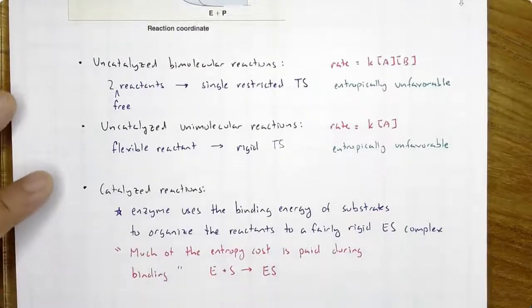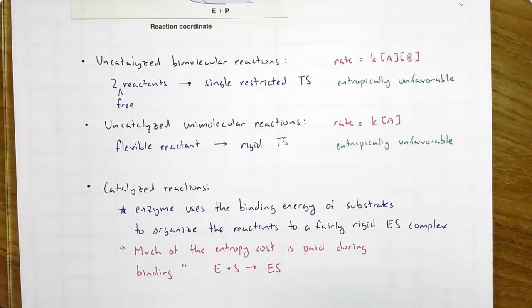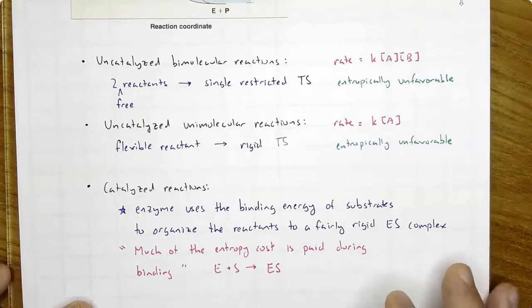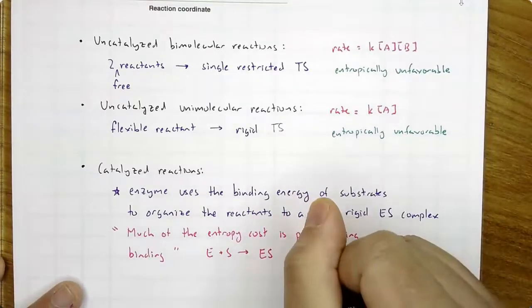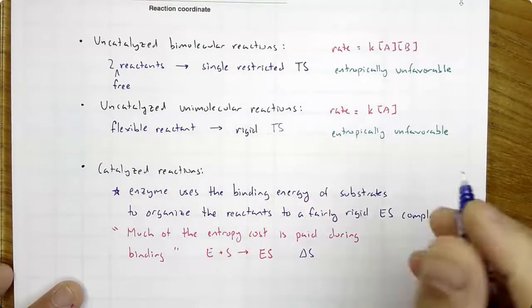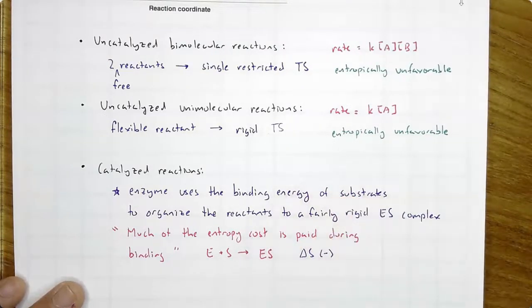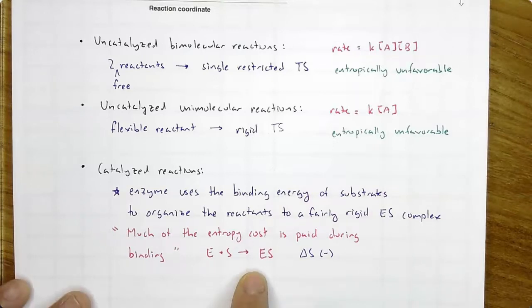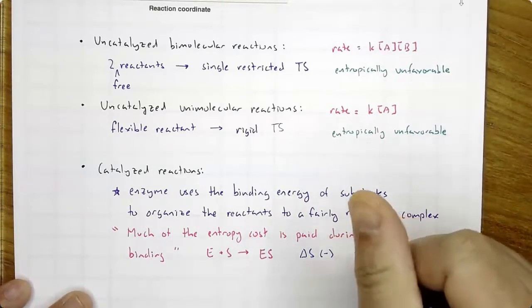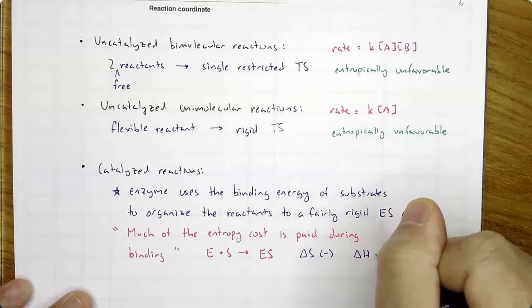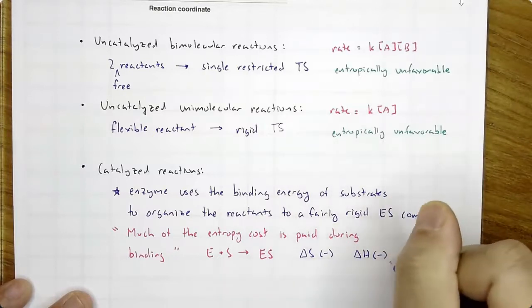Now, we could say a couple of things about the thermodynamic parameters at this point. We could say that, in this process, the delta S is unfavorable. That's negative. We lower the entropy because we get more rigid. But the thing is, the delta H is very favorable. That's the binding.